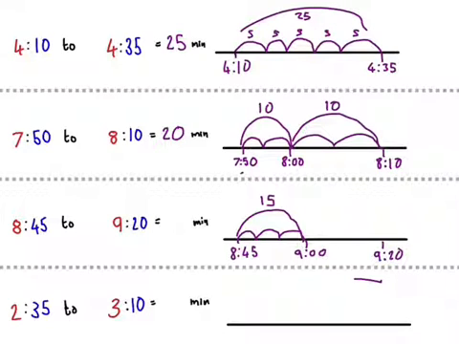And now I need to get from 9 till 9:20. So 5, 10, 15, 20. That's a jump of 20 minutes. 15 add 20 is 35. The duration of 8:45 to 9:20 is 35 minutes.